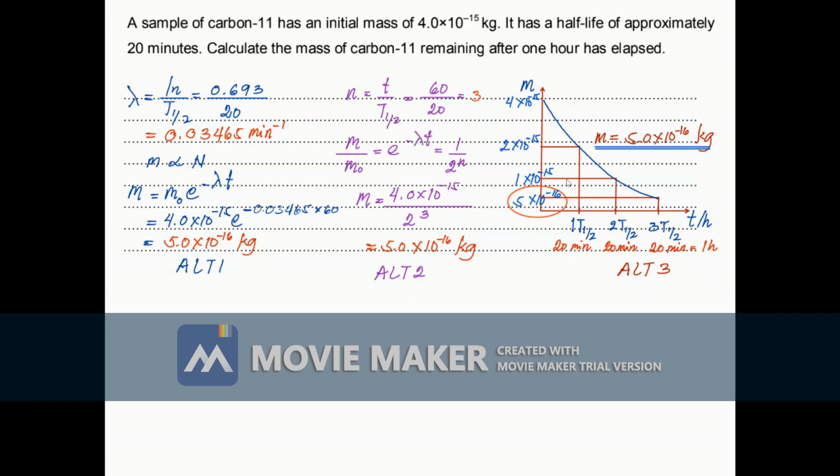Or we can do it graphically: we know the initial value. We know that 60 minutes is 3 half-lives, and incrementally decreasing the remaining mass by 2 with each half-life, we get to the same value. So there are many different solutions for this.